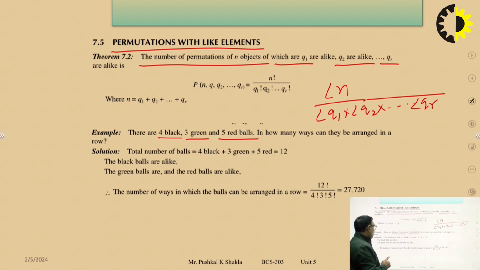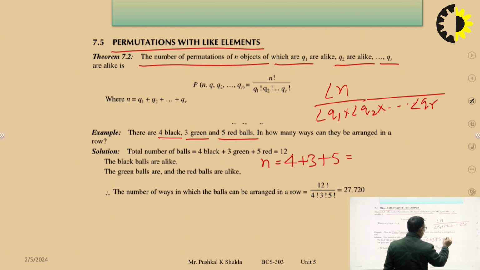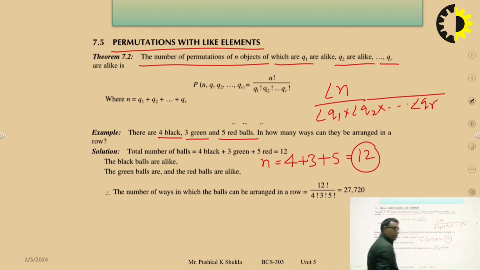So, first calculate the total number of balls, n, that is 4 black plus 3 green plus 5 red, that is 12 total balls, out of which 4 balls are black of the same type, 3 are green of the same type and 5 are red of the same type.